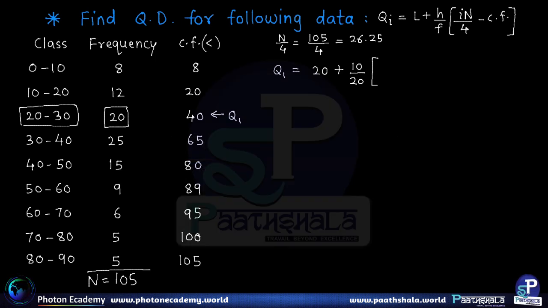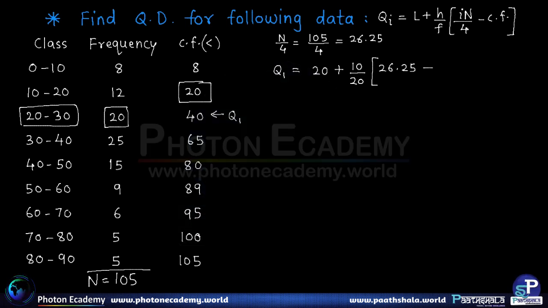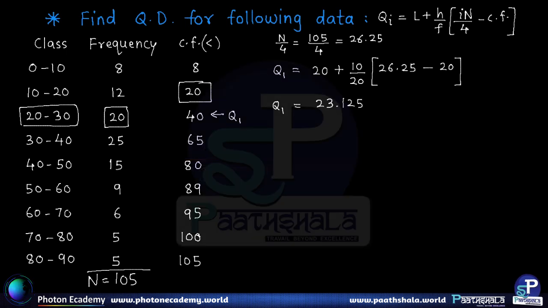Since i is 1, that is n by 4, which we have already calculated as 26.25, minus CF, the cumulative frequency of the previous class, which coincidentally is also 20). On simplifying and solving we get Q1 as 23.125. That is the value of our first quartile.